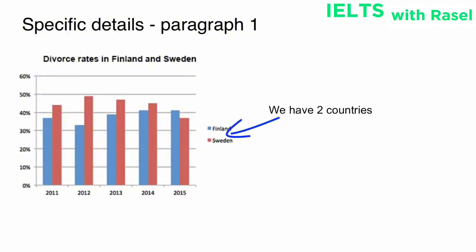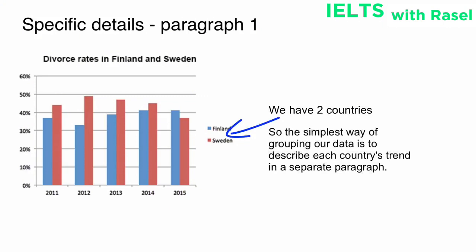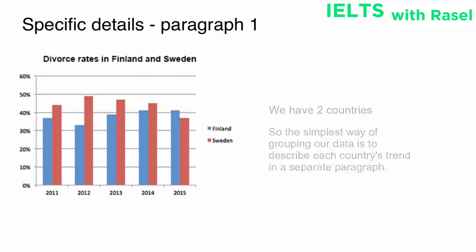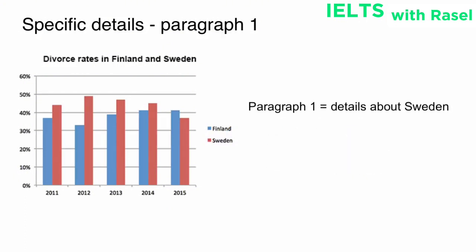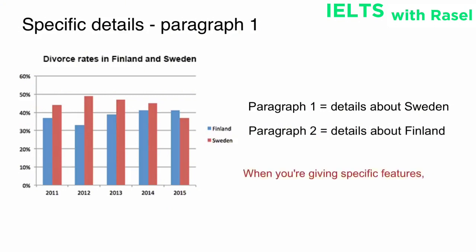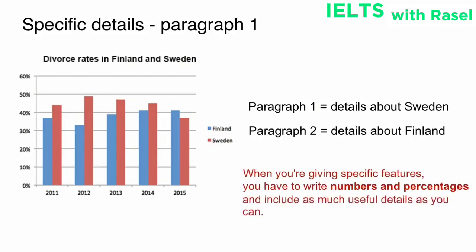We have 2 countries, so the simplest way of grouping our data is to describe each country in a separate paragraph. So in paragraph 1, we will describe the details about Sweden, and in paragraph 2, we will describe the details about Finland. When you're given specific features, you have to write numbers and percentages, and include as much detail as you can.